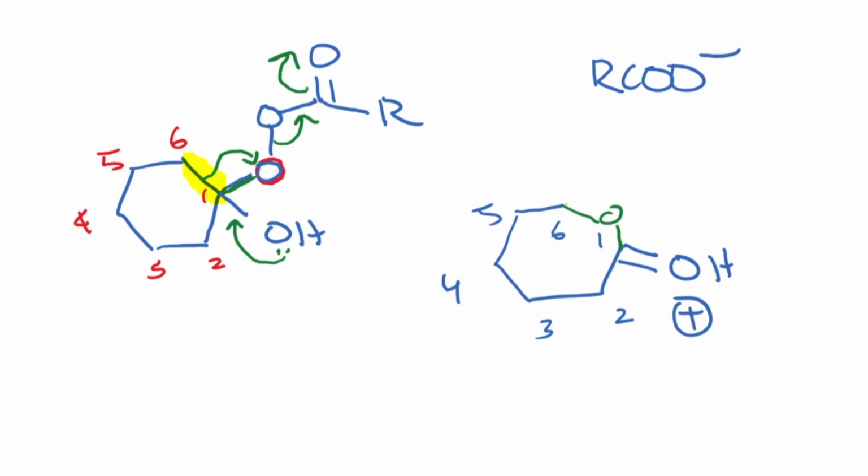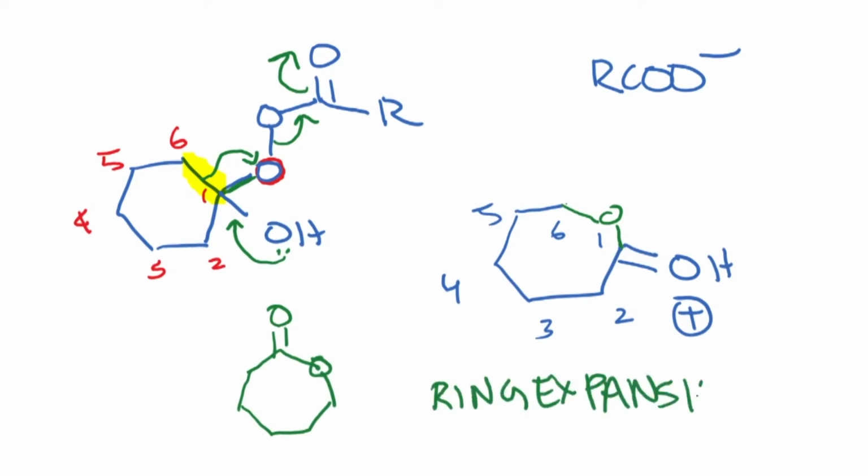If I redraw this, we would get a 7-membered ring with an oxygen in it. So the Baeyer-Villiger reaction is a ring expansion reaction, and you see that it can convert a ketone to an ester or lactone.